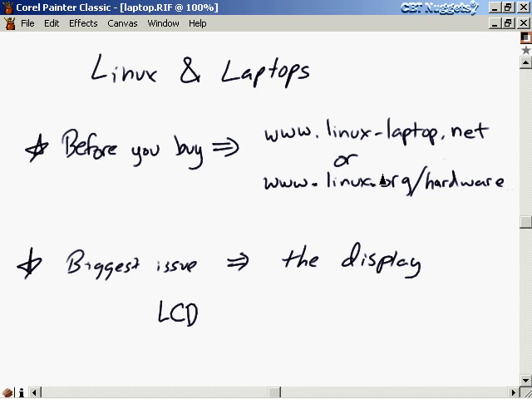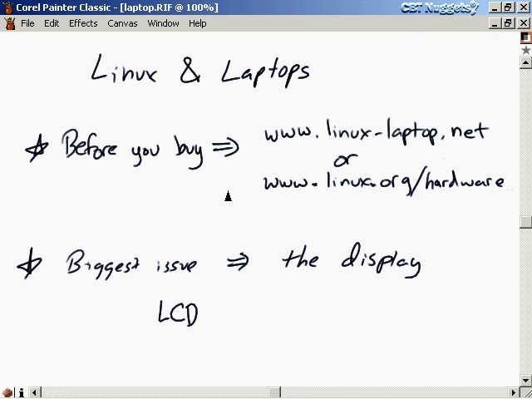So that's a good resource to check to see if somebody's already done it on the particular brand of laptop you bought, or if you haven't bought it yet, you can see which ones have the least amount of work to get Linux working on them. And laptops just have a lot of little issues. The modems on laptops, a lot of those, if they're software modems, you're going to have to make sure that you can find drivers for those modems if you're going to use the laptop with a modem.